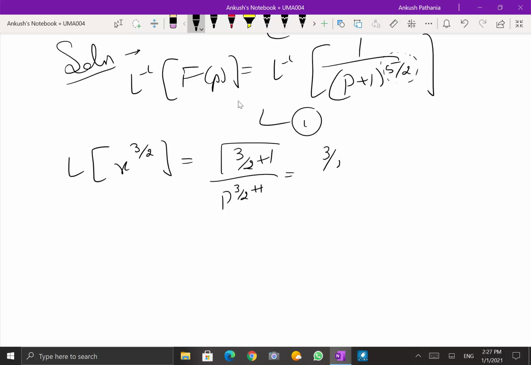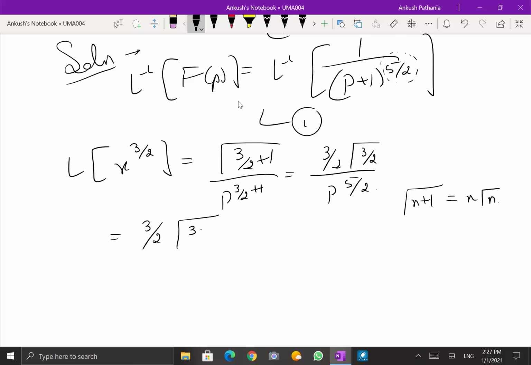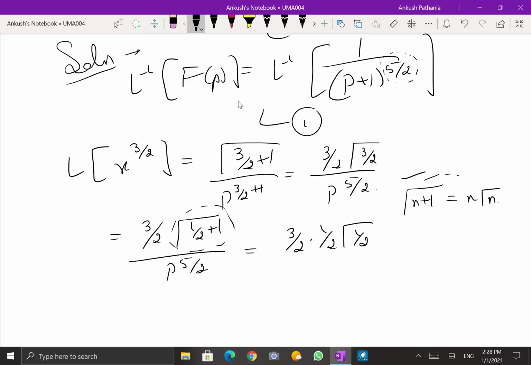Using the property gamma of n plus 1 equals n gamma n, where n is positive, 3 by 2 gamma 3 by 2 can be written as 3 by 2 times 1 by 2 gamma 1 by 2.